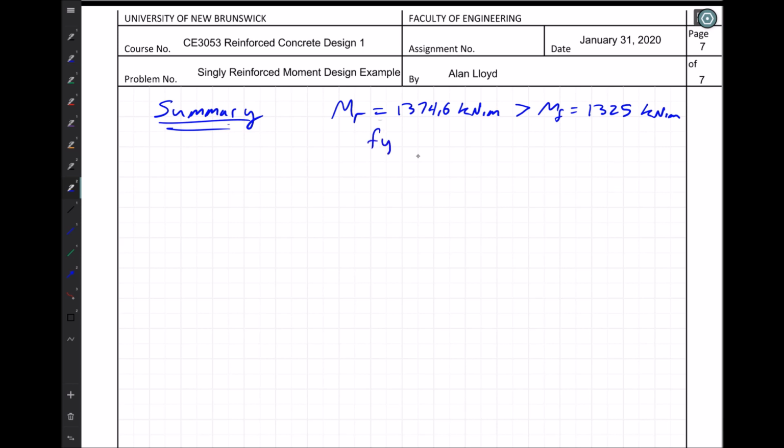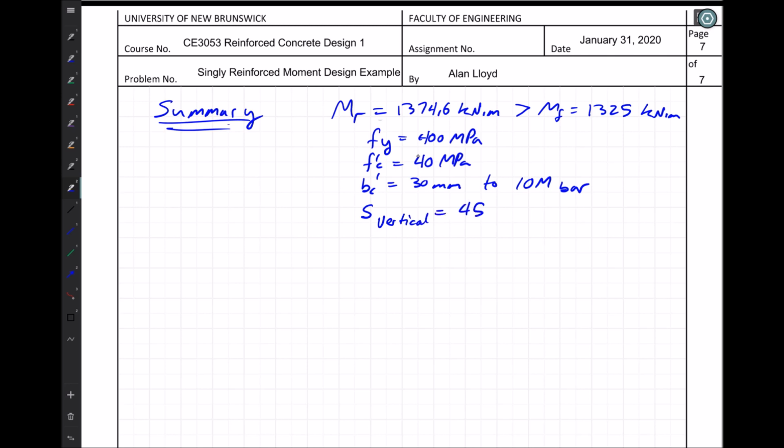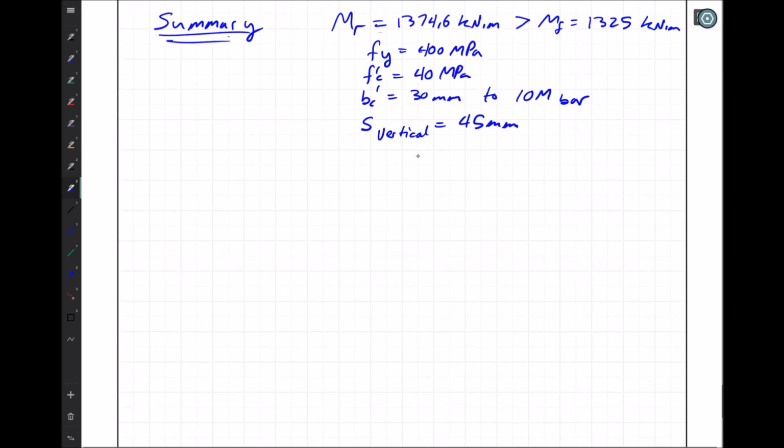We also specified Fy is 400 MPa, F prime C is 40 MPa, and the cover is 30 millimeters to the 10M bar. We chose a spacing for the vertical bars equal to 45 millimeters, and we'll actually show that in our drawing, so we don't need to specify it here.